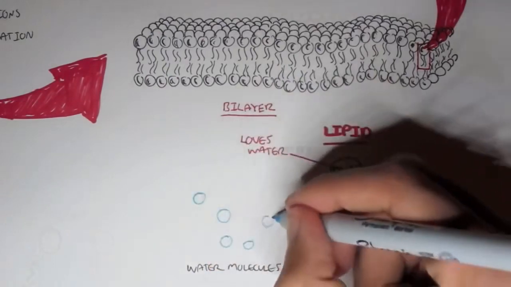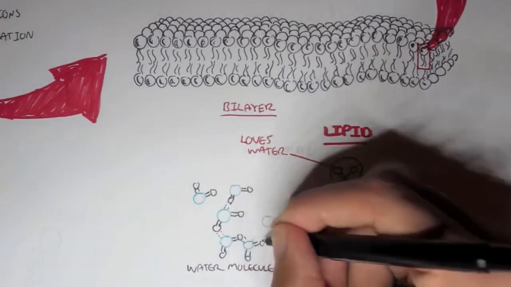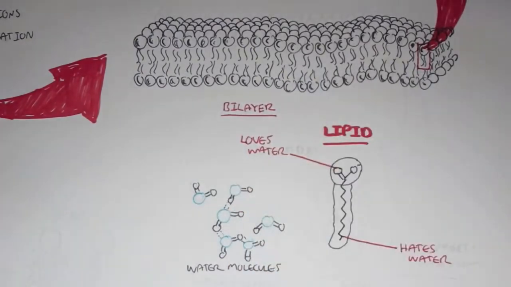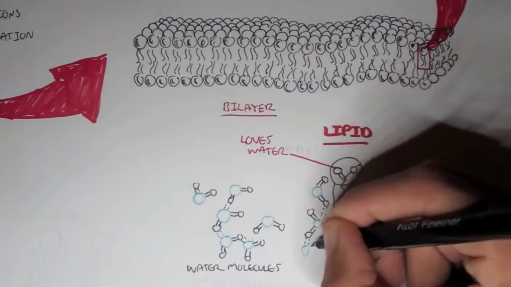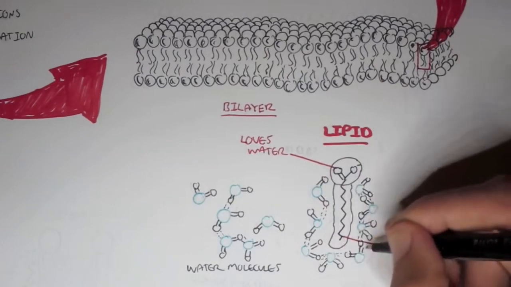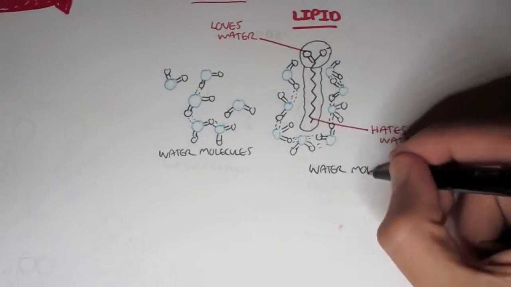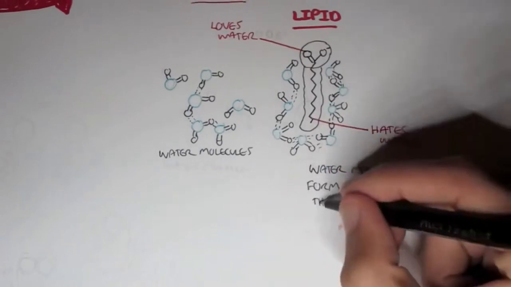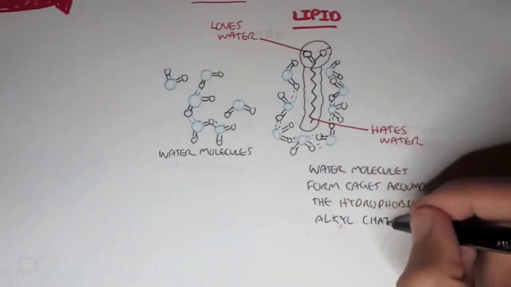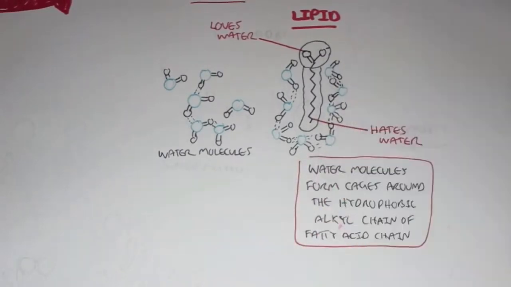So what happens if you put this in a solution of water where water molecules reside? Well, the water molecules will start surrounding the hydrocarbon chain and will not form bonds with it because it's hydrophobic. Essentially, water molecules will form cages around the hydrophobic alkyl chain of the fatty acid, because it can't interact.